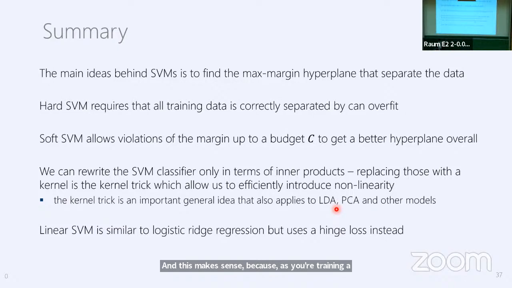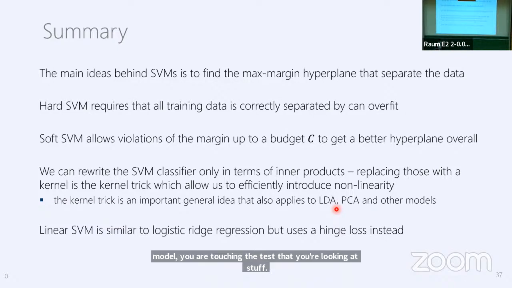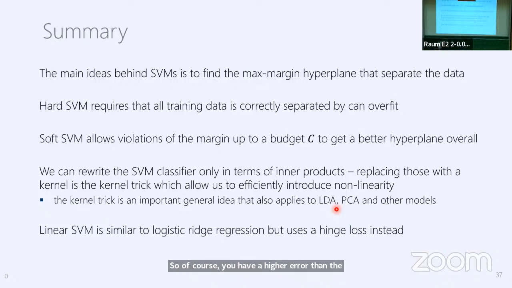So of course you have a higher error than the error you estimated. What was surprising, at least for me, is that yes, all of the accuracies were lower, but the shape of this curve was the same. So the models that are better, like the transformer models and the fancier models, are also better in this new world where we have a new test set.